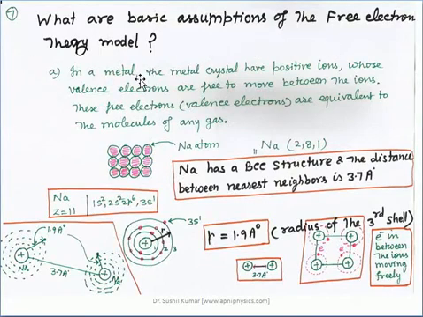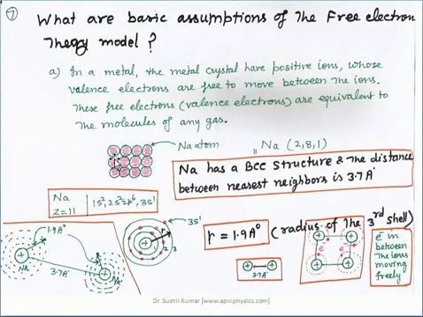So what is basically free electron theory? We know that in a metal, the metal crystal has positive ions whose valence electrons are free to move between the ions. These free electrons, valence electrons, are equivalent to the molecules of any gas.